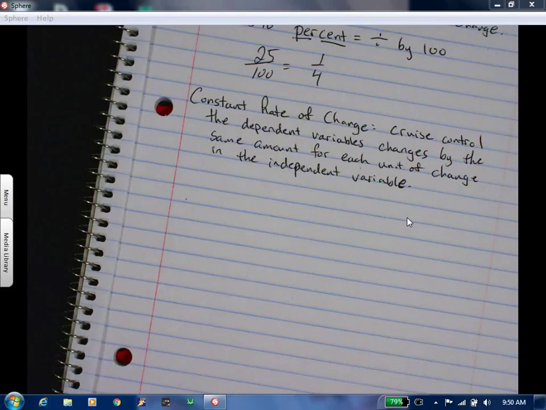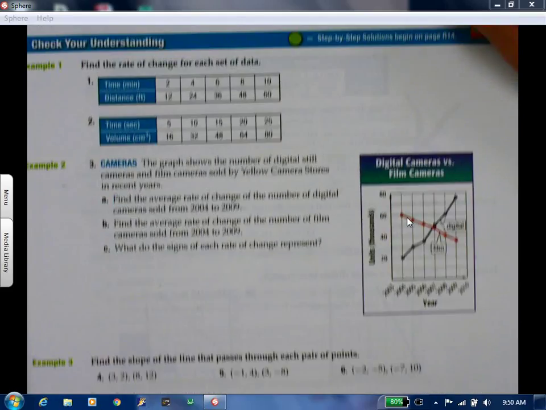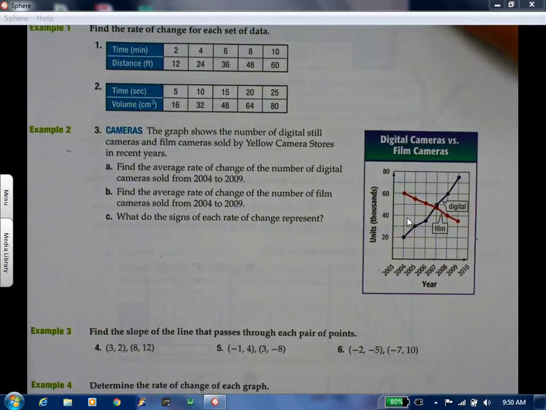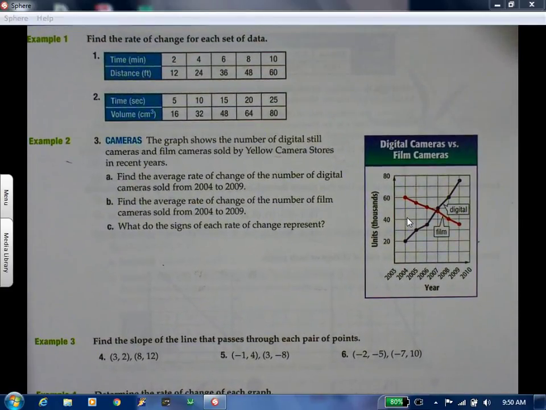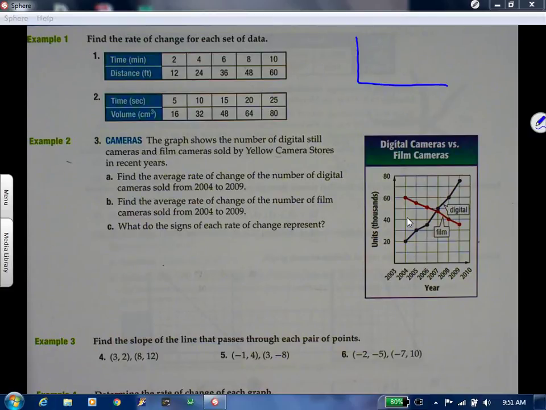So if I was making a graph of this, which of course you don't have to get the answer correct, but what would go along the x-axis, time or distance?